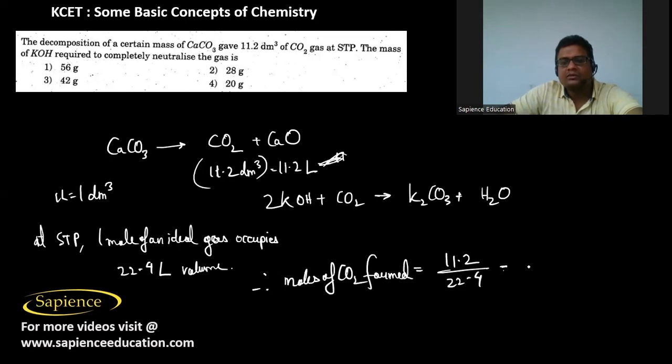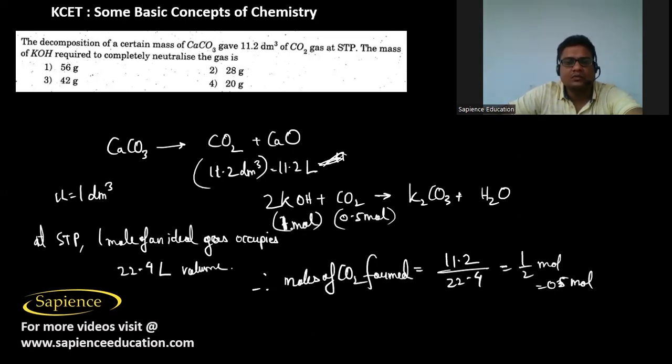So that is equal to 1 by 2 mole, 0.5 mole of CO2, which will react with 2 into 0.5, that is 1 mole of KOH, to form K2CO3 and H2O. So 1 mole of KOH is required to completely neutralize this gas.